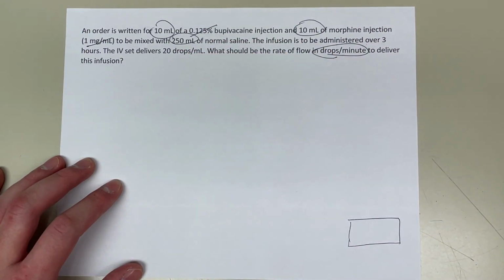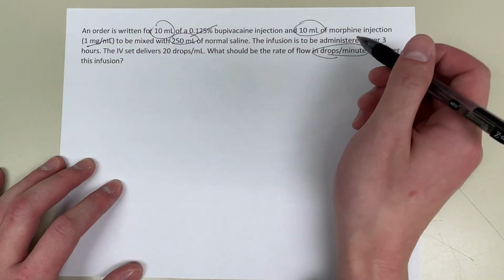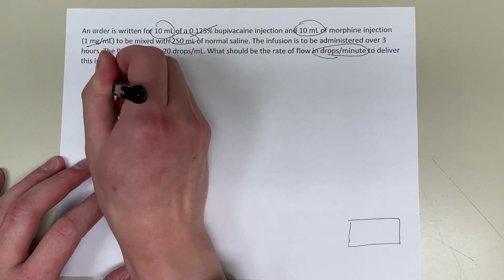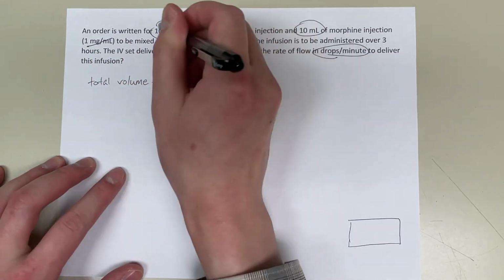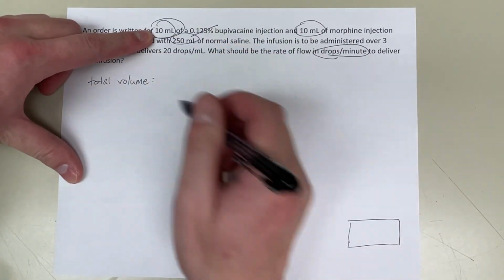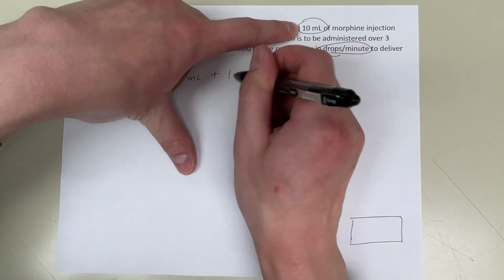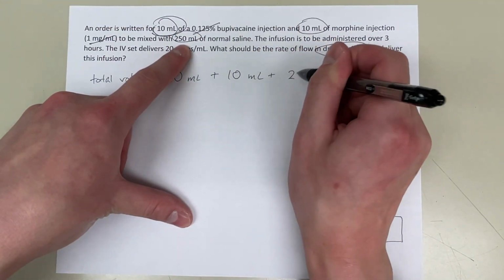So it's not needed. The first thing I'm going to do is try to find the total volume of this bag. So total volume. I have 10 milliliters here, plus another 10 milliliters, plus 250 milliliters.